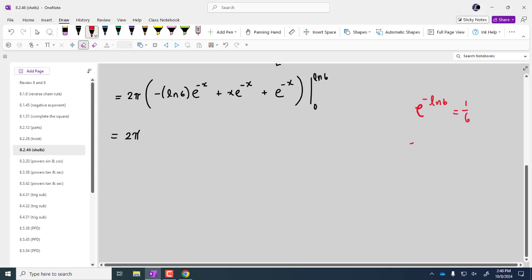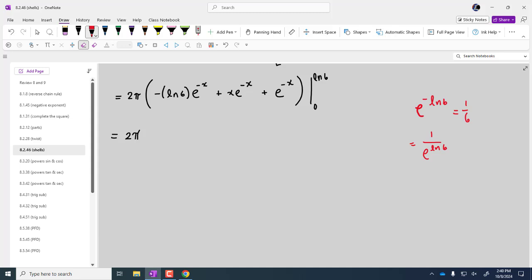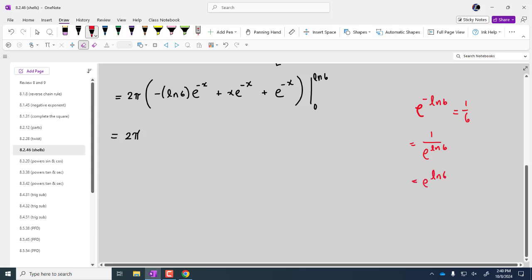You could say, oh, this is just 1 over e to the natural log of 6, and the e and the ln collapse and you get the 6 in the denominator. Or you could fly that coefficient out in front up into the exponent. It's not an inverse, it's a reciprocal. And this would also be 1/6. So a couple of different ways to see it.